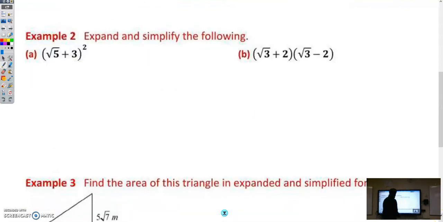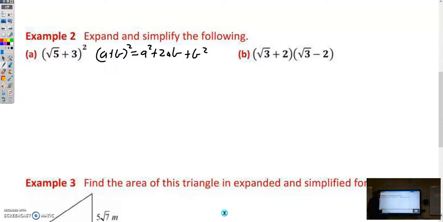Alright, we're going to start looking at our quadratic expansion. Alright, so here we have a perfect square. You'll remember that if you have a plus b squared, that equals a squared plus 2ab plus b squared.